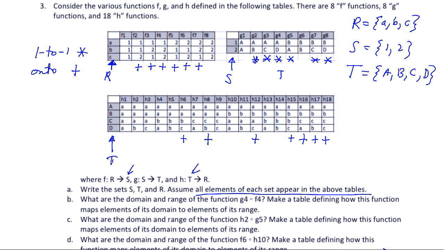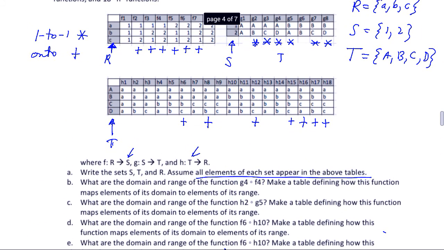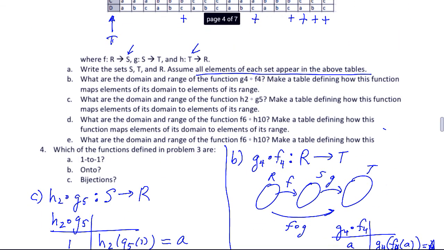We're looking for all 3 A, B, and C in a single column here. Okay. I think I've done all of it then. Which ones are bijections? No bijections, because we don't have any functions that map a domain to a range where the domain and the range have the same size. Okay, hope that helps.